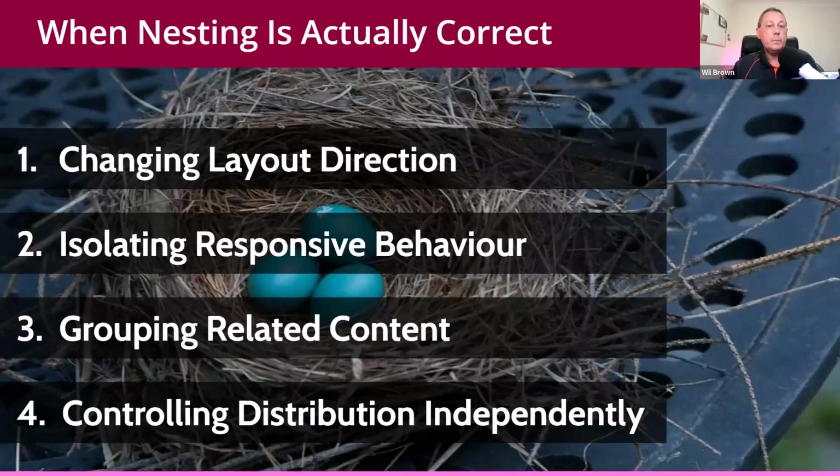Having that ability to control the way the content is displayed within that is a correct use of nesting. And so the structural test really is, does this container have a clear job? Does it have a clear role? Or is it just fluff that we've added in with a micro change? But here's the real test. If I removed it, would the structure collapse or just the styling? If the structure collapses, then it needs to be there. It's intended to be there.